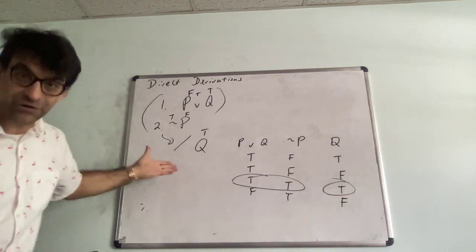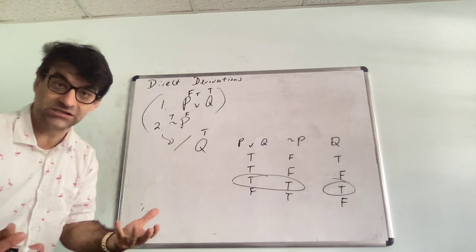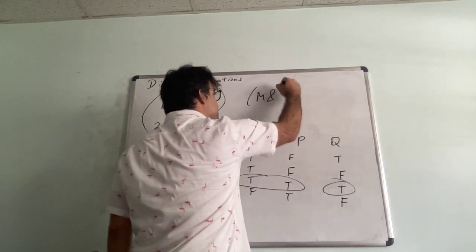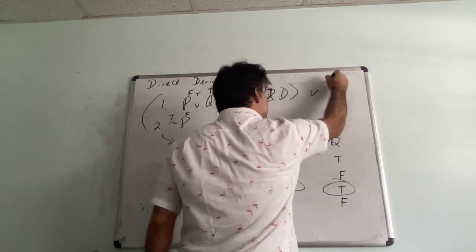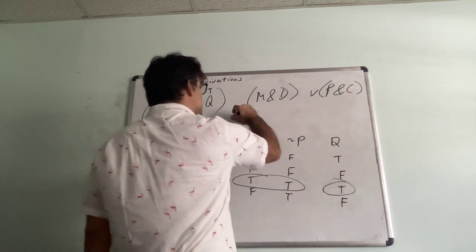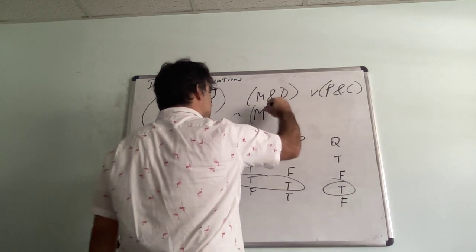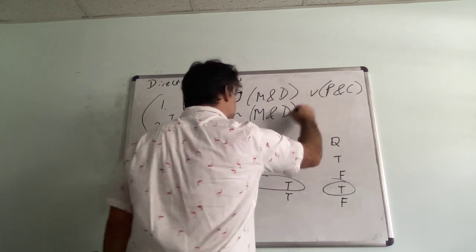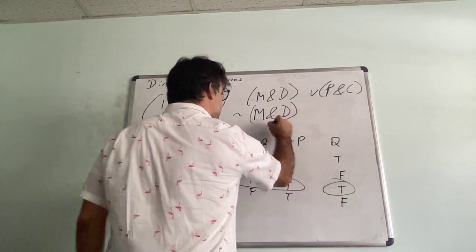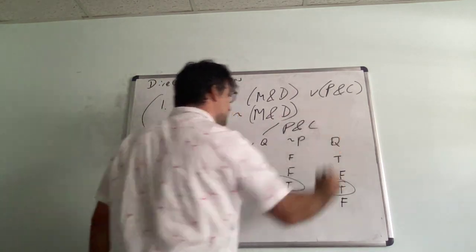So this pattern applies for more complex arguments. Either the Mets and the Dodgers make the playoffs, or the Phillies and Cubs make the playoffs. It's not true that the Mets and Dodgers both made the playoffs. One of them didn't. Not both. Therefore, the Phillies and Cubs did.